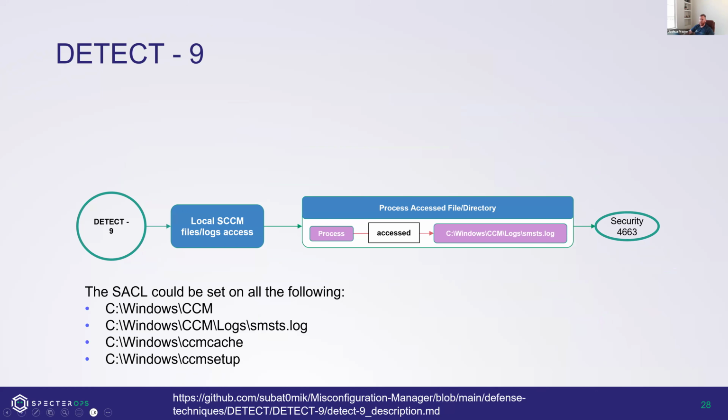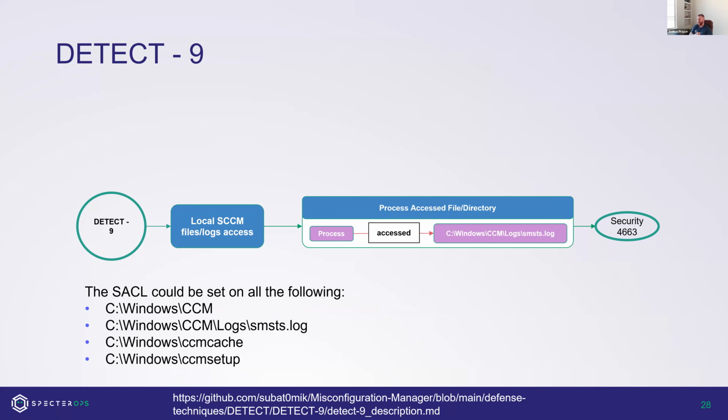And then we'll come up here to our last detection, where we're just talking about local enumeration of files. You can set a SACL just on the C:\Windows\CCM directory, and then choose to ingest only where there's some sort of anomalous access to it.